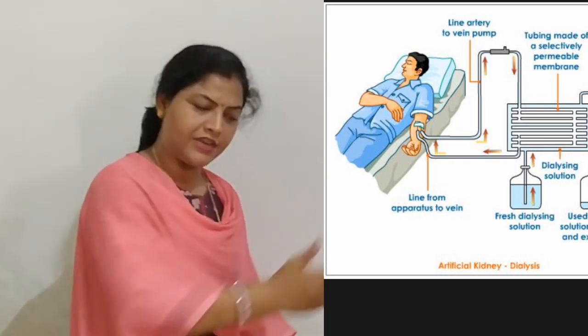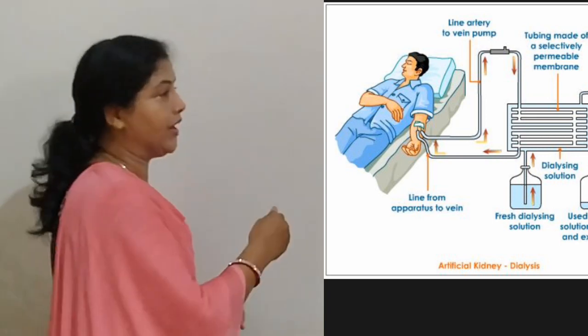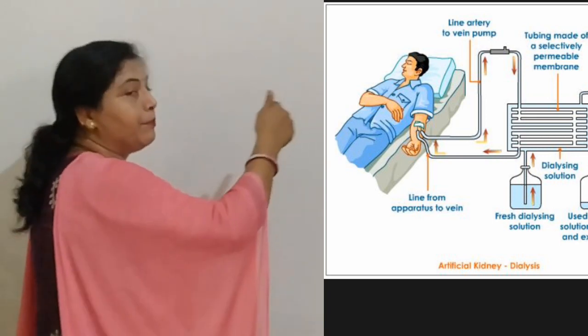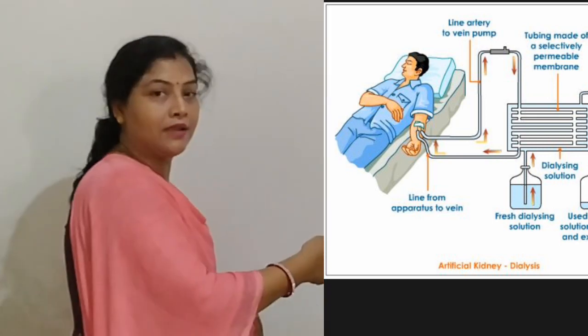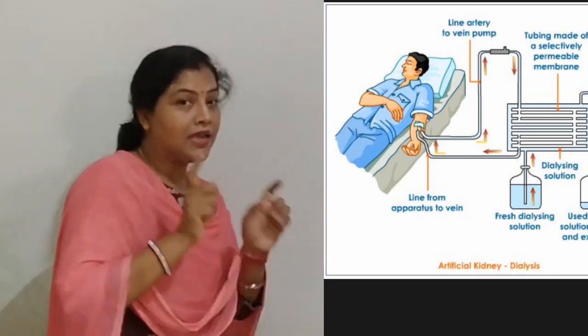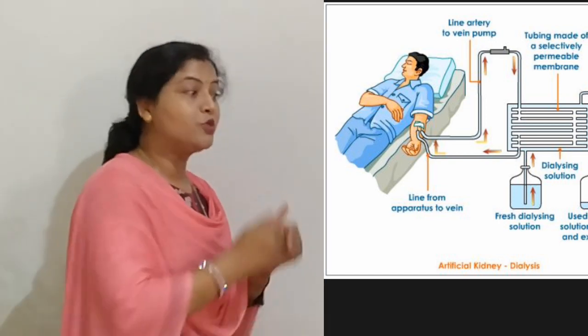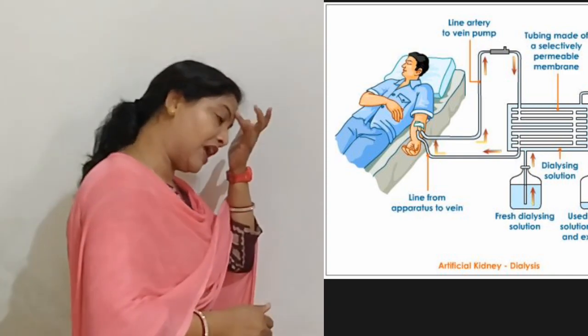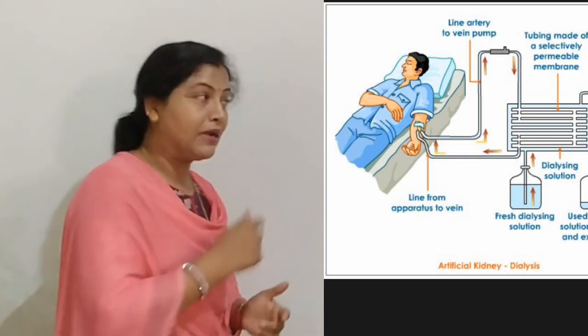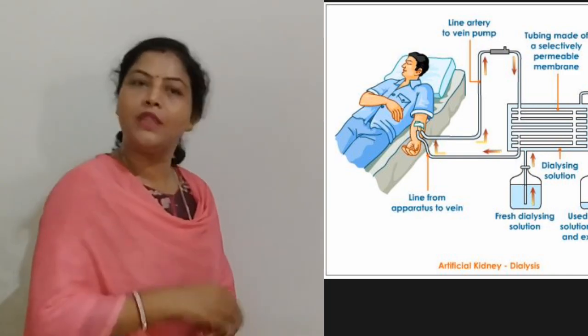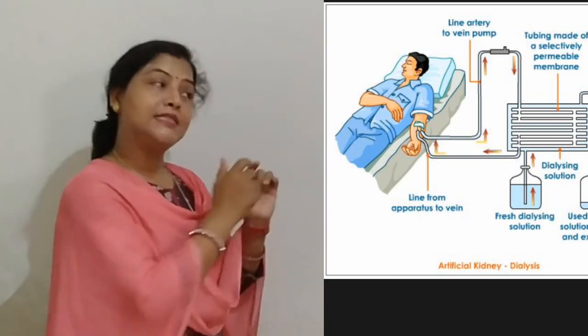So once again it is given back to the femoral vein, but before sending it back, this blood is warmed. First time we cooled it down, but now it is warmed. And sent back to the vein.